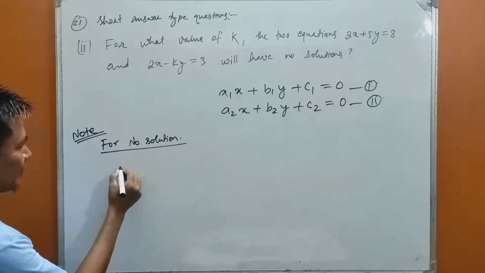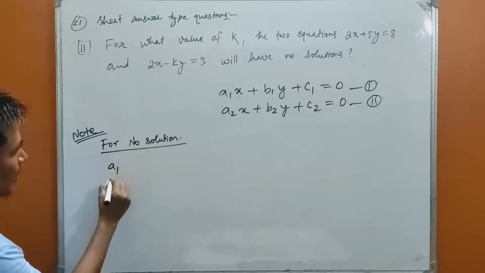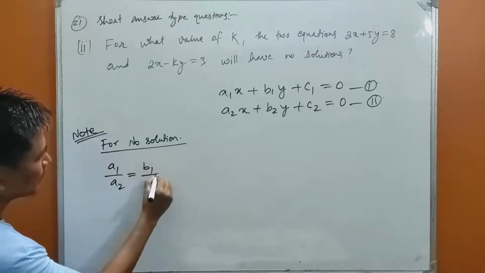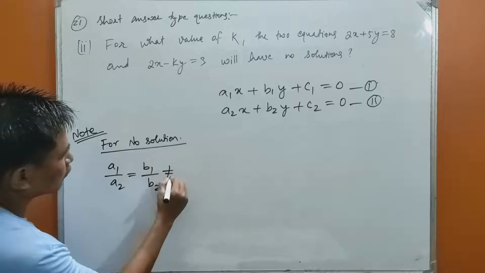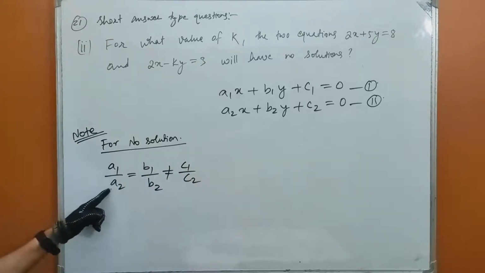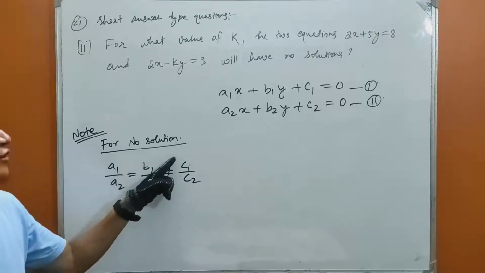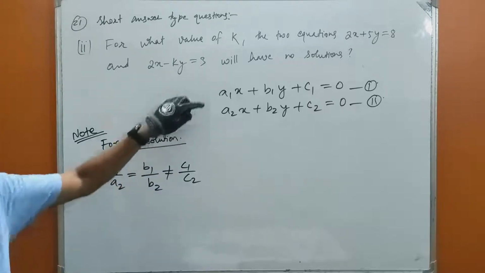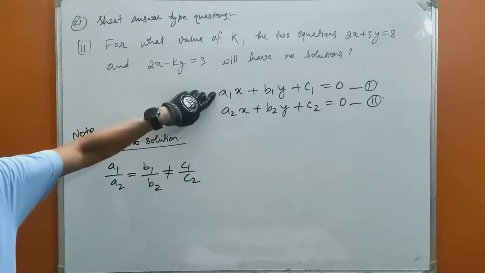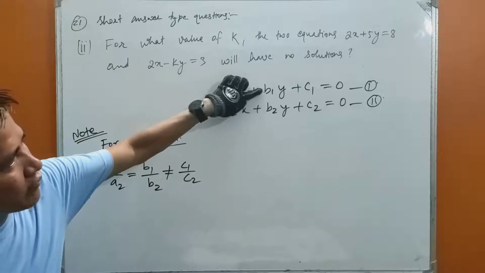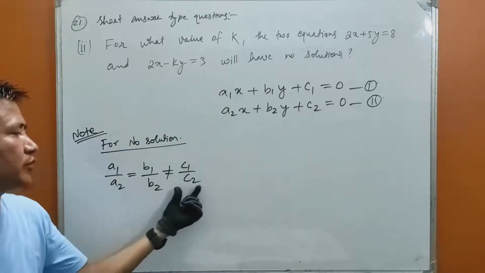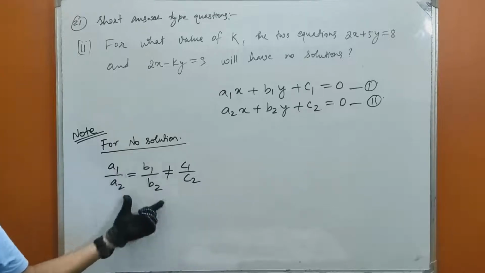Then in this case, a1 by a2 will be equal to b1 by b2, but not equal to c1 by c2. If the coefficients of x and of y in equations 1 and 2 are equal, and the constant terms are not equal, then these two equations are not solvable.